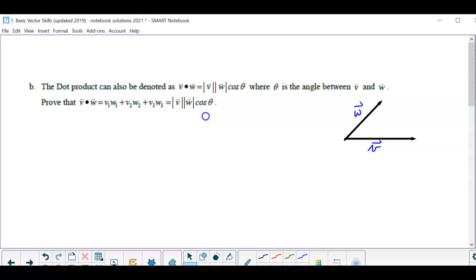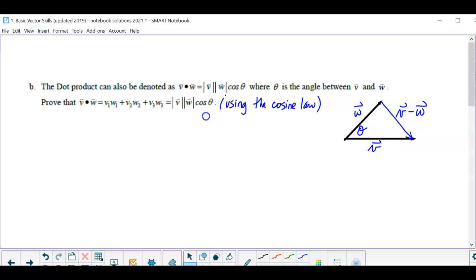In here, just a hint, using the cosine law. So if I have those two vectors joined at their tails, and I'm using the cosine law, we know the angle in between them is theta, and I can join the tips up with a vector. That vector will be v minus w.